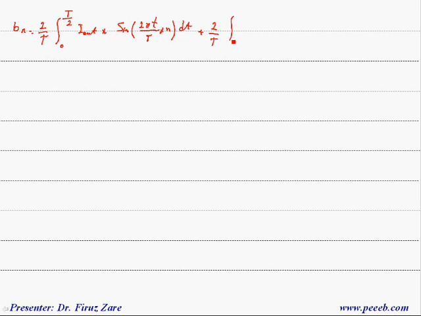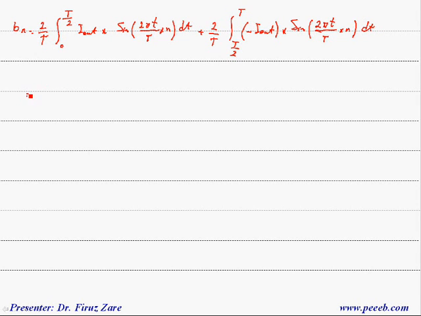That means the limits of integral are between T over 2 and T, and in the second half cycle input current is minus I out times sine 2 pi t over T times n dt.